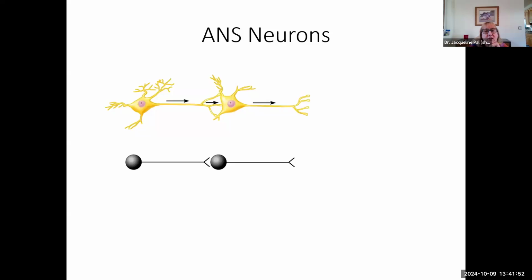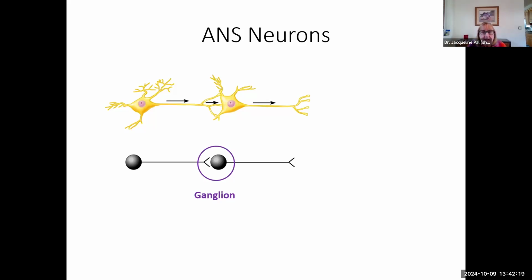Okay, so here's how we can draw that. One neuron synapsing with another neuron. Because we're doing stick figure kind of drawings, we're going to have a ball, a line for our axon, and then fork it for the axon terminal. So here is our two neuron chain. As you know, anytime you have a synapse in the peripheral nervous system, it has to occur in a ganglion.